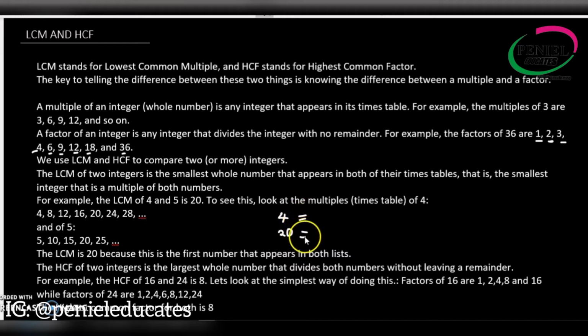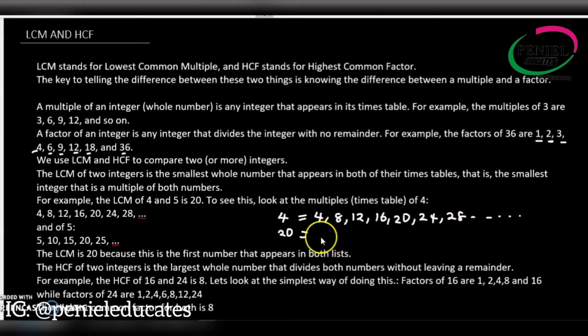Now what you need to do is find the multiples of 4. We'll start with 4, add another 4 to get 8, another one 12. Those are multiples of 4. Another one 16, then 20, with another 4 we get 24, another 4, 28, on and on like that.